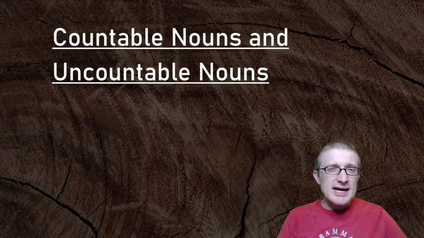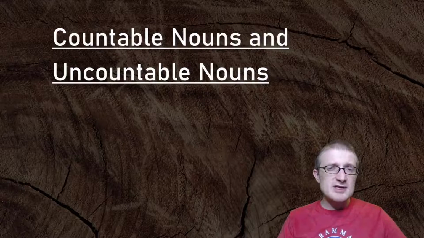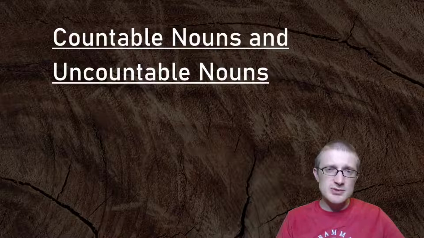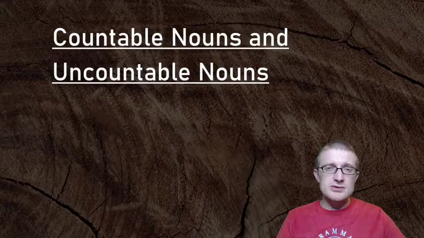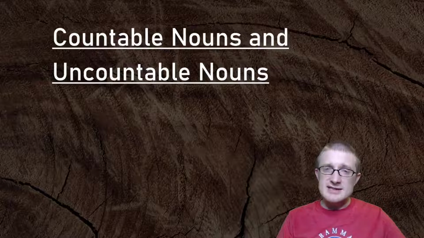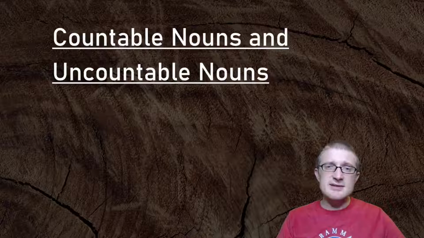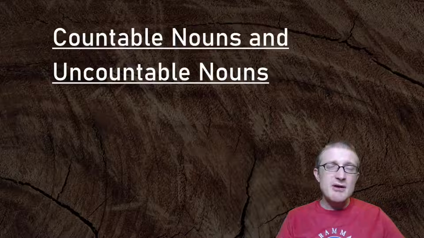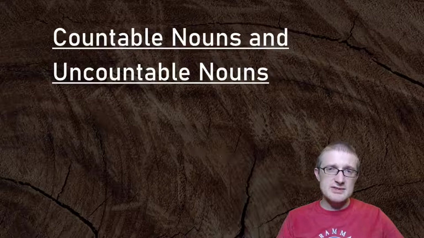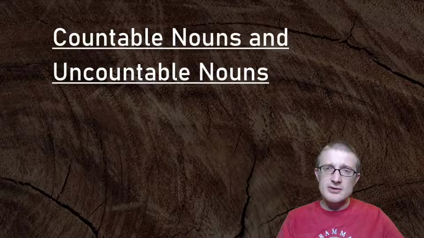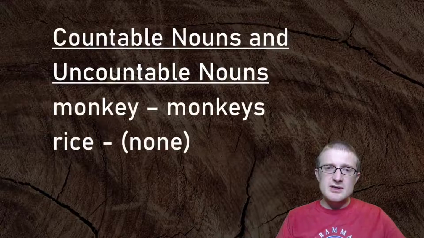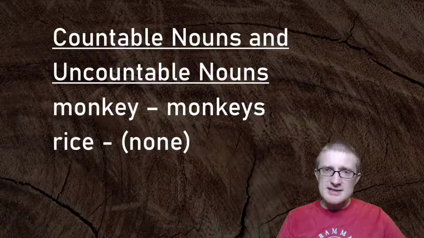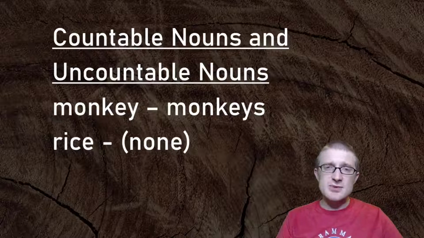There's one more kind of noun. So what we've talked about so far are countable nouns. So we had classes, puppies, women, sheep. Those are countable, but there are uncountable nouns, and they are a little bit special. So monkey to monkeys, that's countable.